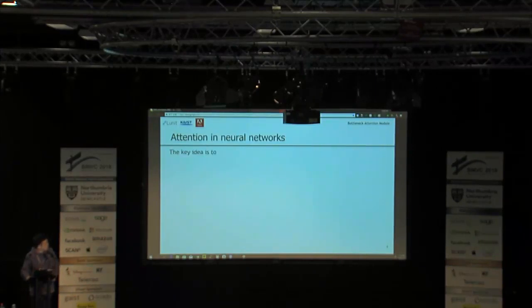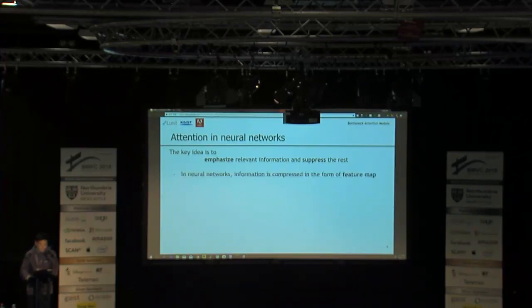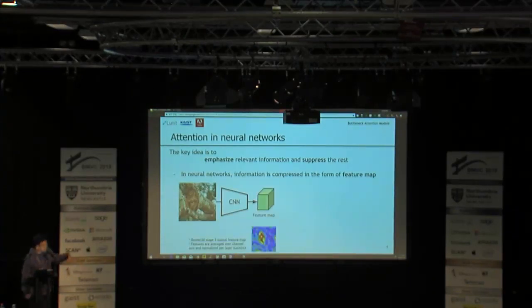The key idea is to emphasize important parts and suppress less important parts. In CNNs, information is contained in the form of 3D feature maps, so we produce an attention map for the feature maps. For example, an image is given to the CNN, then an intermediate feature map is produced.